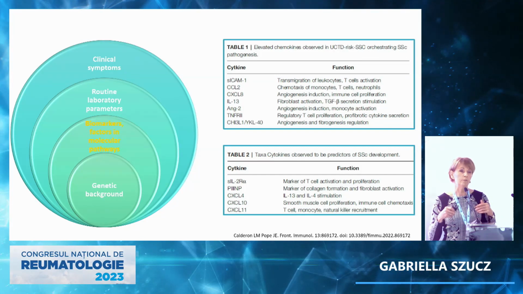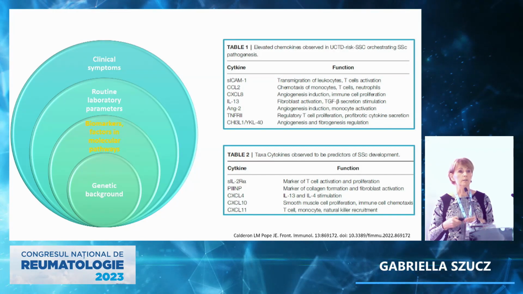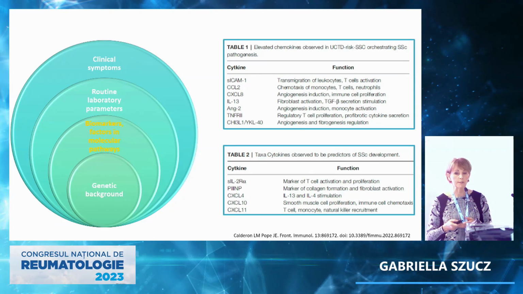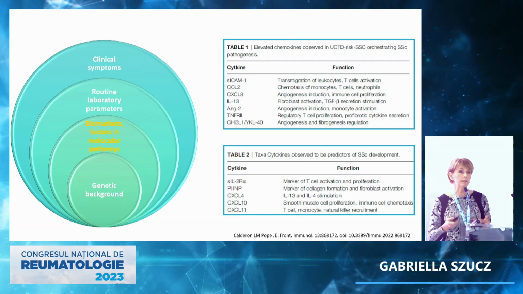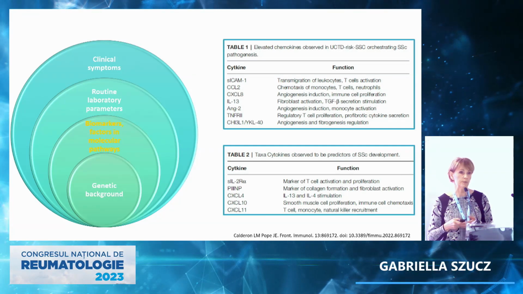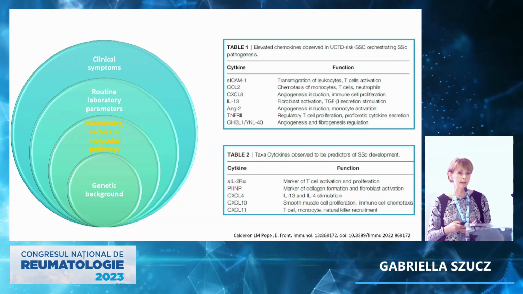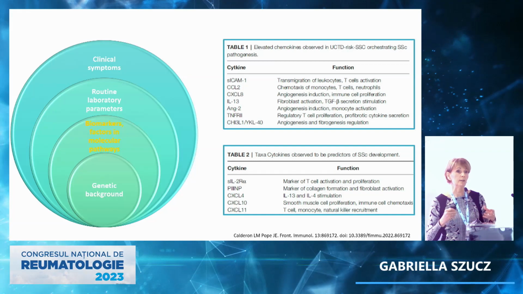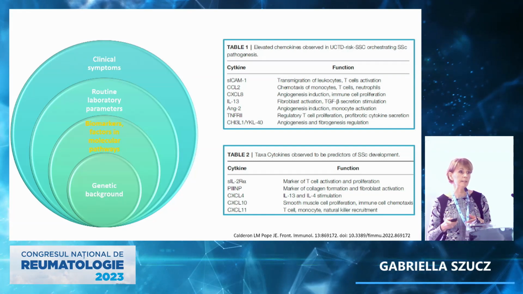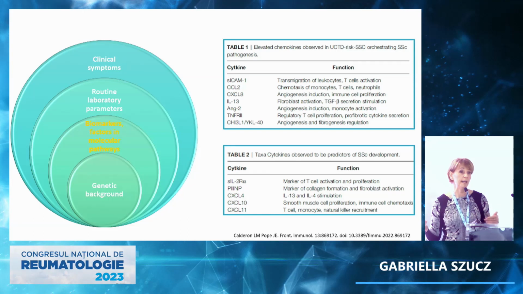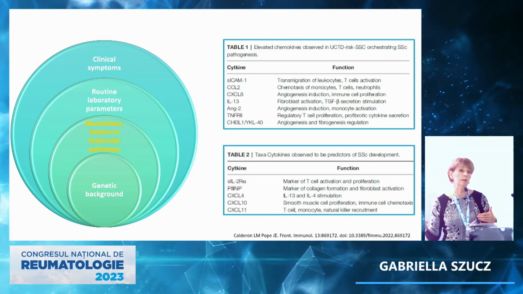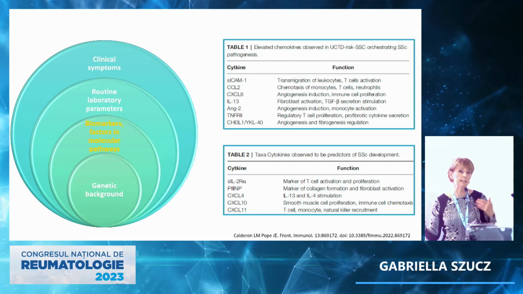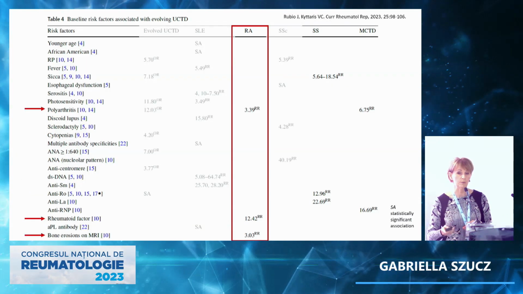Of course, we have more and more data on systemic sclerosis evolution by biomarkers which involve the endothelial fibrotic process or T-cell, B-cell processing factors. Here you see, but these are not in daily practice. Maybe later we'll find some exact biomarkers which will mean that this patient is UCTD at risk for systemic sclerosis.